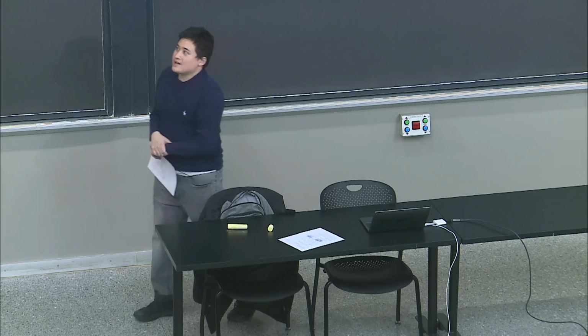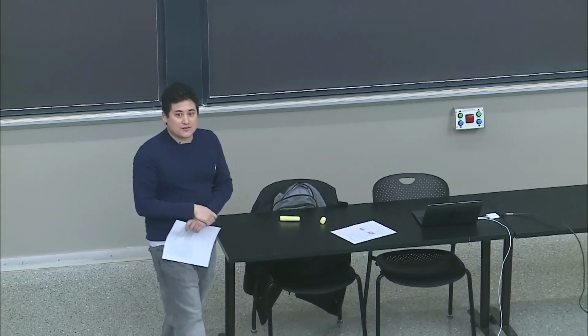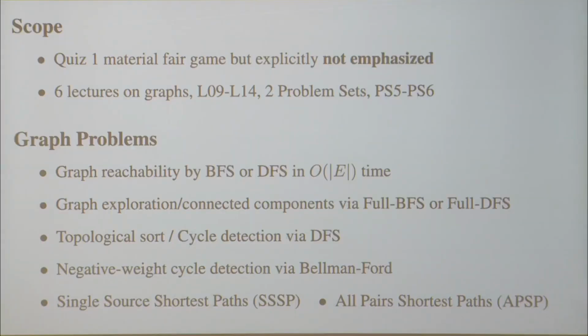Then we had special types of graphs, directed acyclic graphs, that we could use. We proved this property that if we ran full DFS on that graph, we could actually get a topological sort of that graph, basically an ordering of the vertices in the graph such that all edges go in one direction with respect to that ordering, like all forward in that ordering, right?